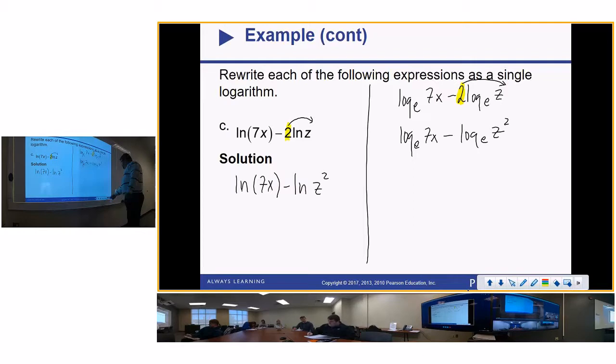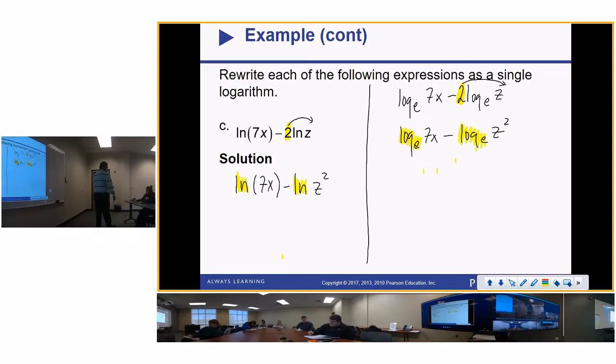Now that I have the 2 up here, what are these? These are the same what? The same bases. If I have the same bases, I can use the quotient rule or the product rule. In this case, I'm going to use the quotient rule. So finish the problem out by using the quotient rule.